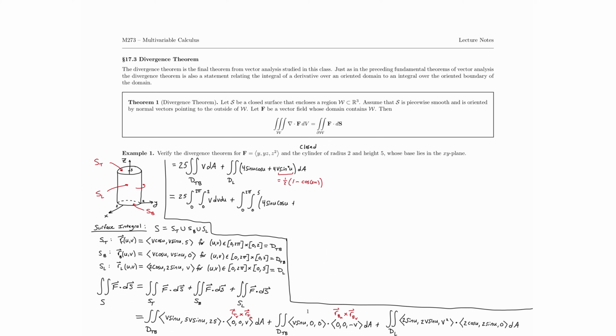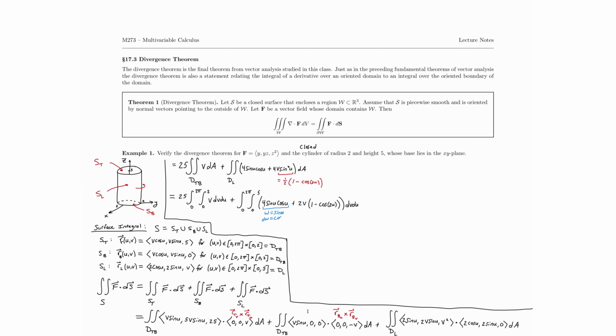So this can turn into 1/2 times 4 is 2, v times 1 minus the cosine of 2u, dv du. All right. So for this one here, we can definitely do a u substitution or a w substitution.